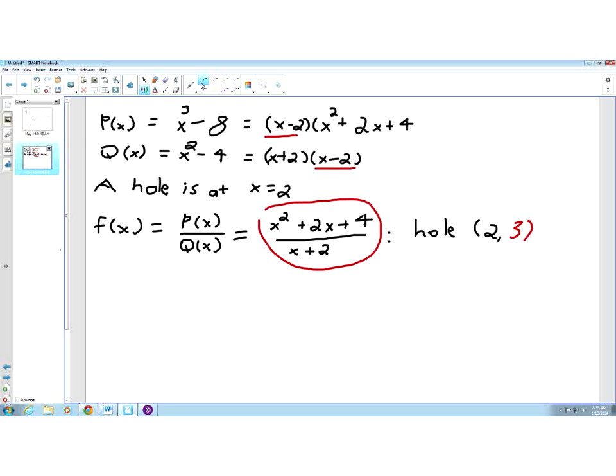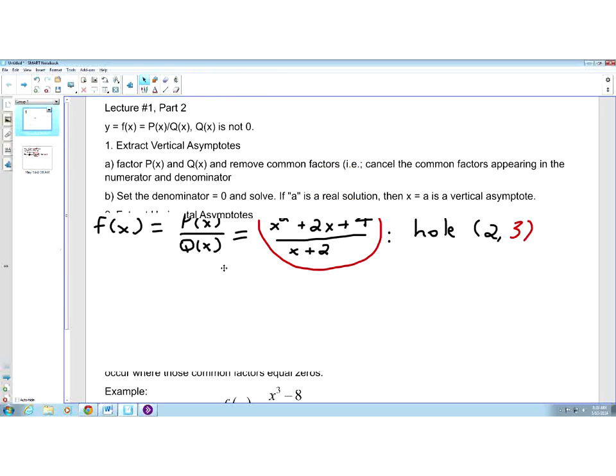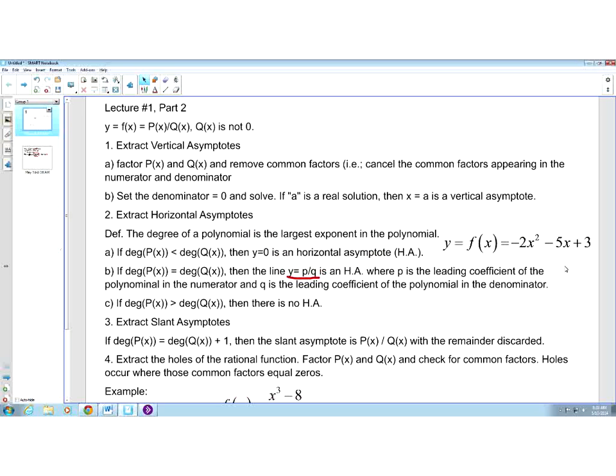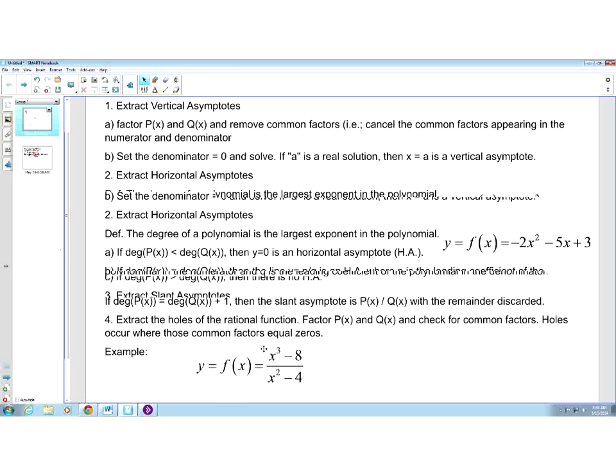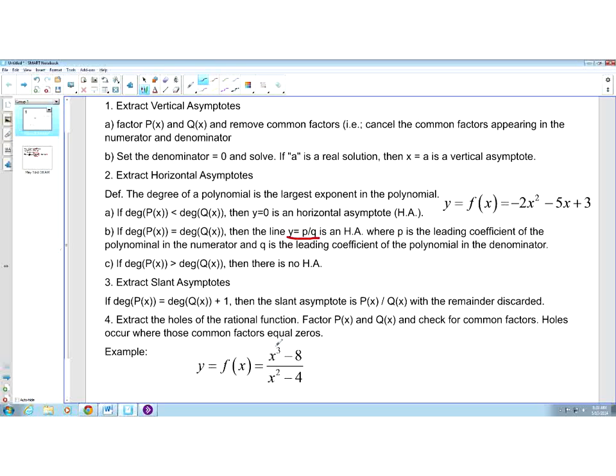Now, with this polynomial, looking at the polynomial structure again, we see that the degree of the numerator is 3, and the degree of the denominator is 2. So that means if we look at the rules, we have a slant asymptote.